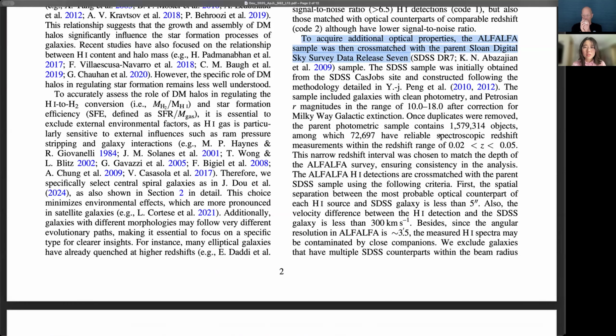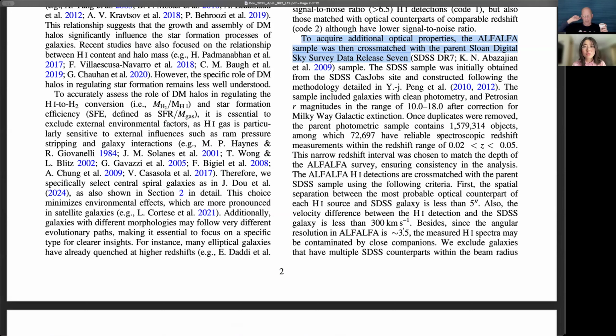One thing to note is that both SDSS and Alpha Alpha are flux limited samples, which can produce very strong selection bias towards the massive, H1 rich and star forming galaxies. So in our previous work, we have performed very careful incompleteness corrections to these samples.